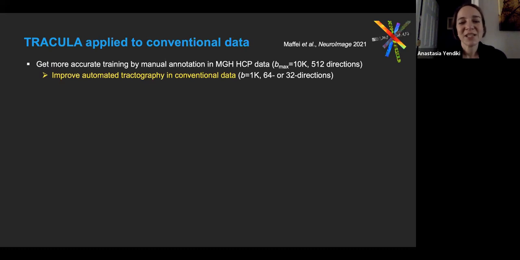So the idea is to improve the models of these tracts that we have from this manual annotation on the MGH connectome data that was collected on the connectome scanner with a maximum b-value of 10,000 and 500 plus directions, and then use TRACULA to perform automated reconstruction in conventional data like b equals 1,000, 64, 32 direction data, which is closer to what most studies have used.